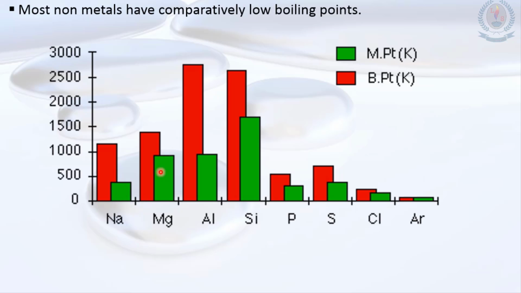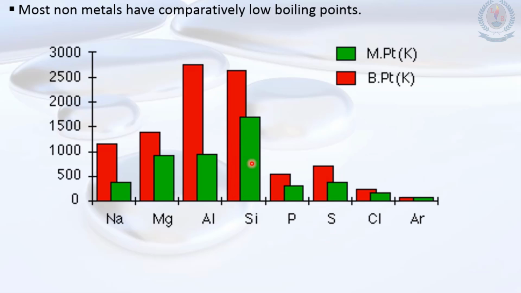The bars which are represented with the green color, can you compare the green color bars of metals with the green color bars of the non-metals? What happened? Their height is much lower than the metals. Okay, so we can say that metals also have higher melting points than the non-metals.